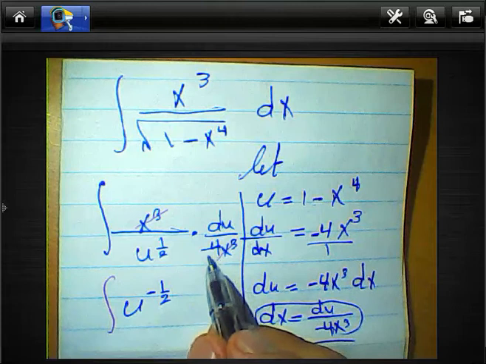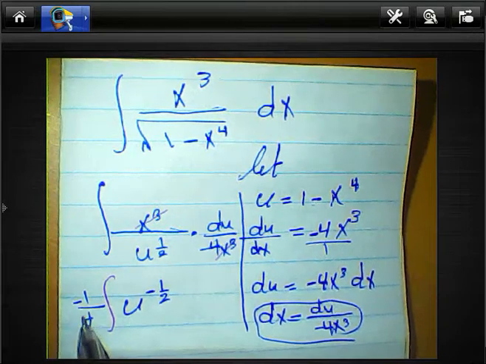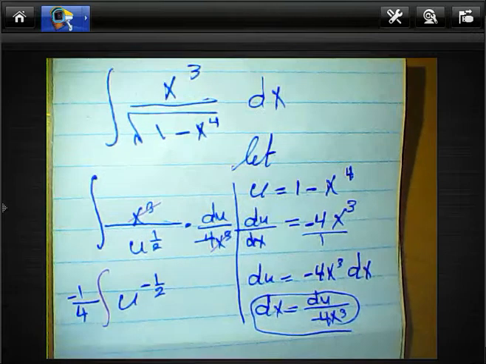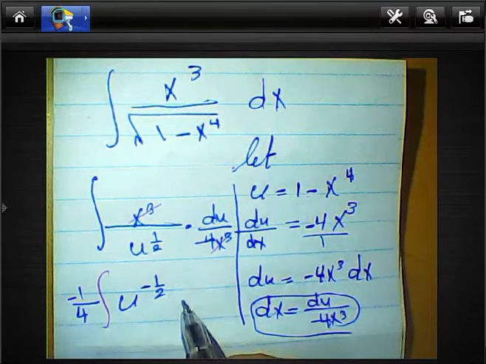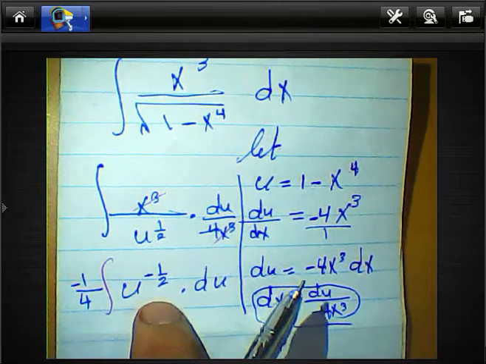But don't forget negative 4 in the denominator, so we can write 1 over 4, and the negative we can write outside here, du. It's very easy to integrate this term.